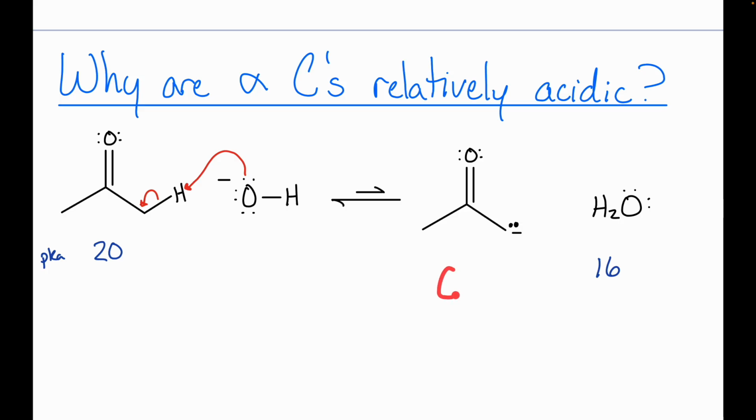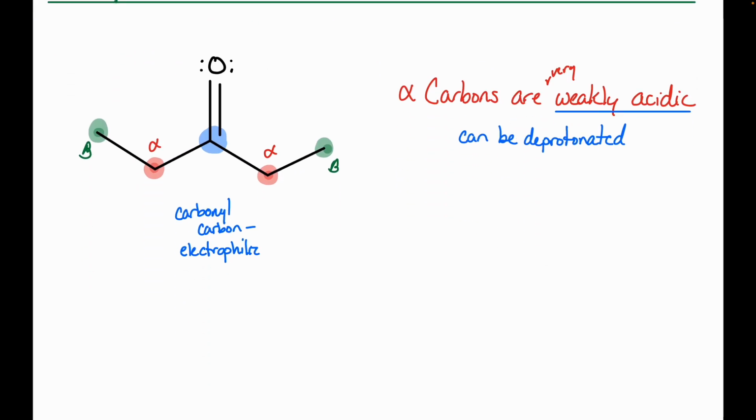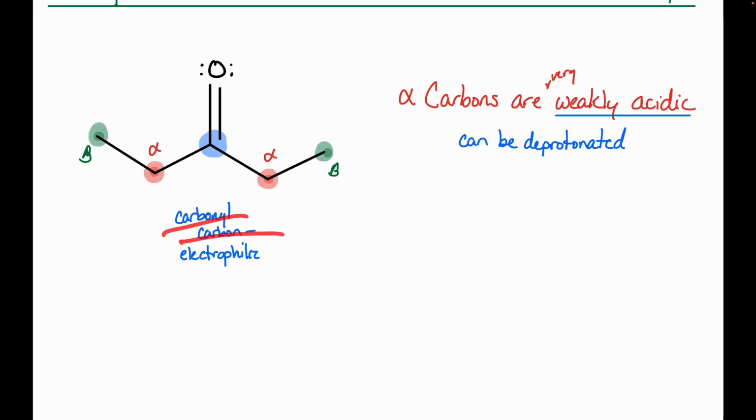And even if there's only 0.1% of this guy floating around in solution, it turns out to be really important for the chemistry of those carbons, all right? Because this carbon here with its negative charge could play the role of what in a reaction? Nucleophile or electrophile? A nucleophile. Now we have this net negative charge here. So in our aldehydes and ketones, we have this carbonyl carbon that can play the role of an electrophile.